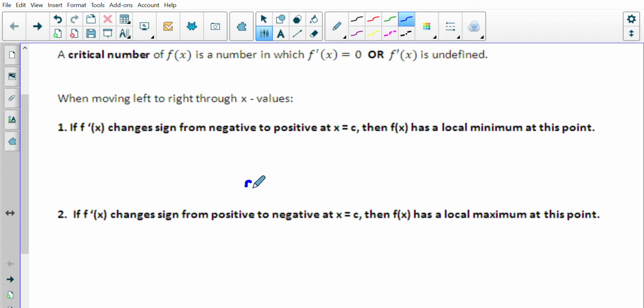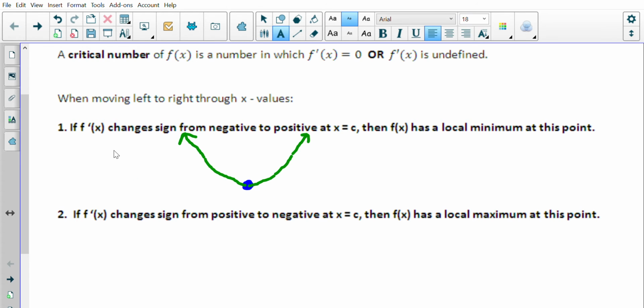So for instance, here's our value where we have a minimum. And if our derivative is negative, which means our function is decreasing, and then it switches to positive, which means it's increasing, well, then that means you have a bottom or a min at that blue point.